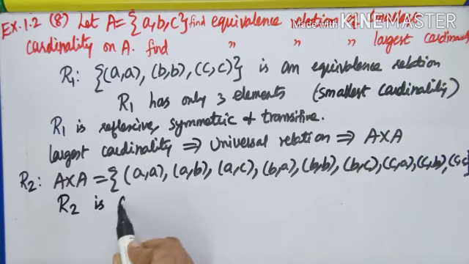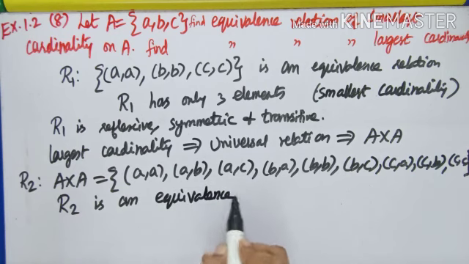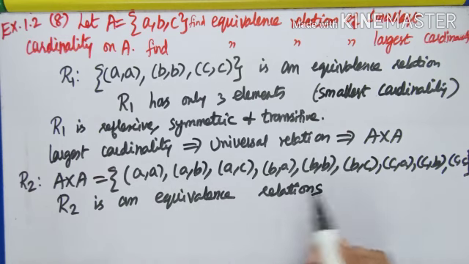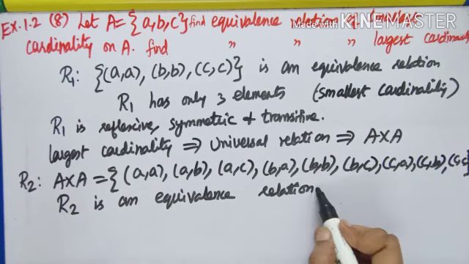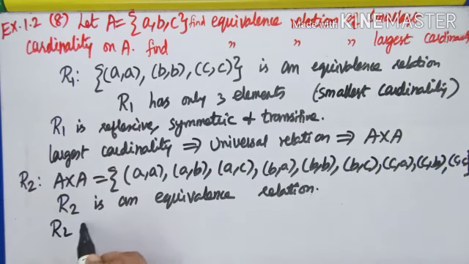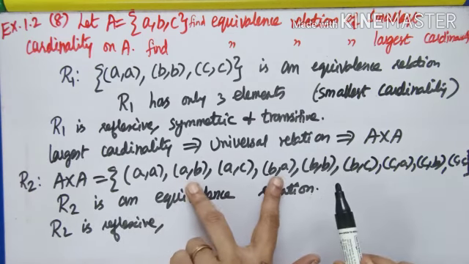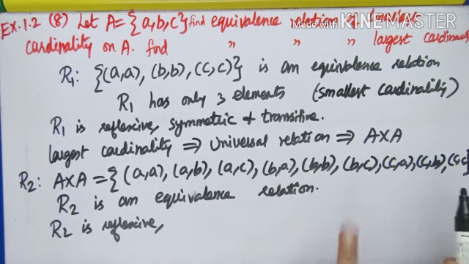R2 is an equivalence relation. Why do I say that? Check whether it is correct. All the repeated pairs are there: (a, a), (b, b), (c, c). So R2 is reflexive. Whenever (a, b) is there, (b, a) is there. Whenever (a, c) is there, (c, a) is there. Whenever (b, c) is there, (c, b) is there.